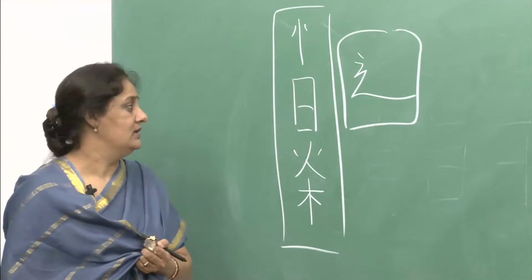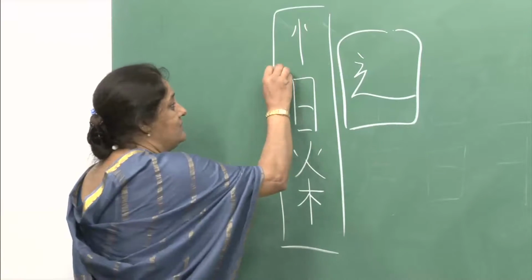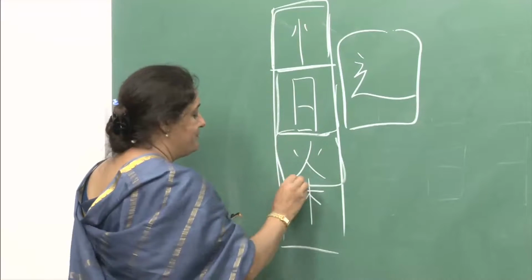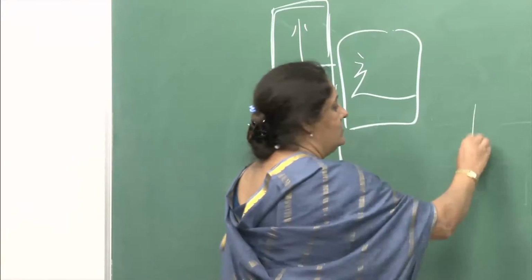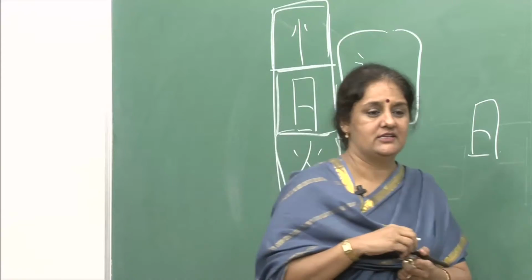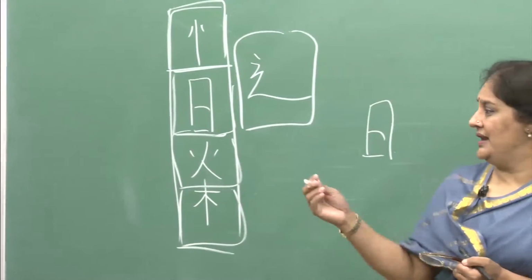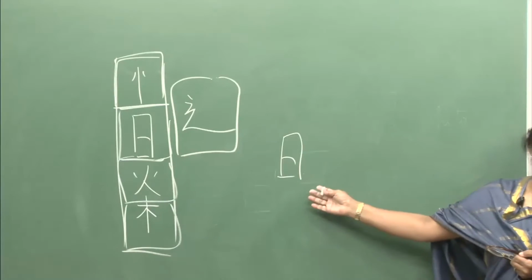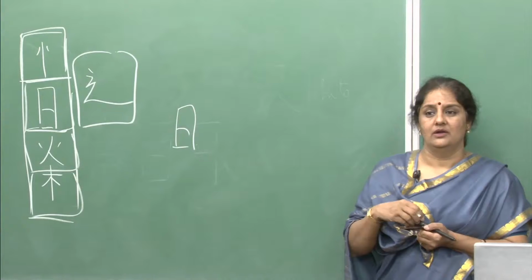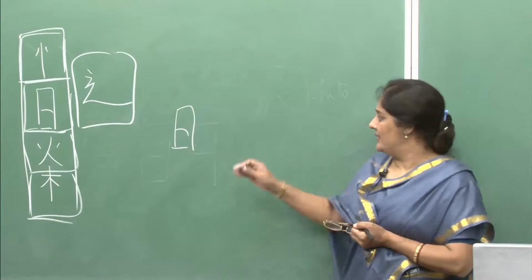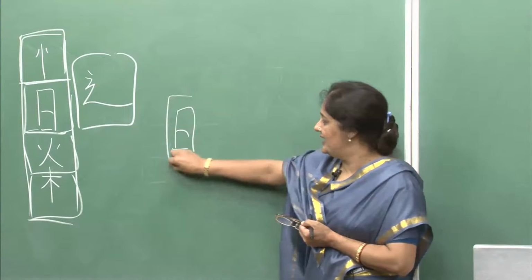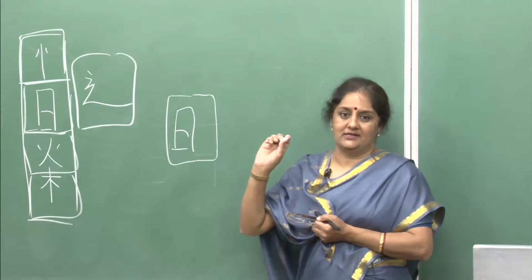Now, what does a radical do? Well, a radical gives basic meaning to the character. For example, when you look at this character, it tells you that the kanji will have something to do with day, could be date, could be light, could be brightness. Anything dealing with sun or with light will generally have this character in it.